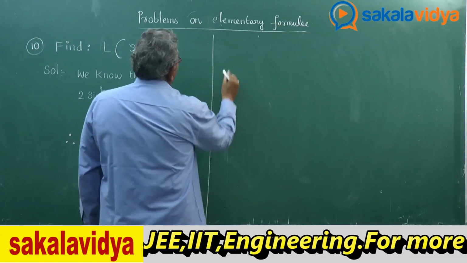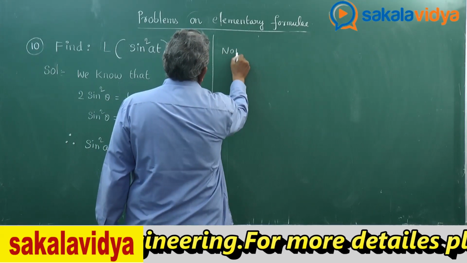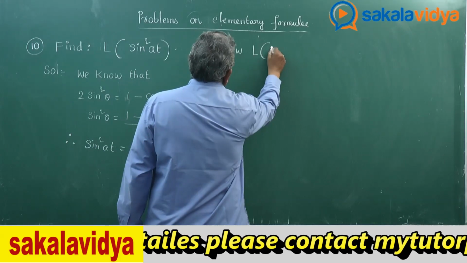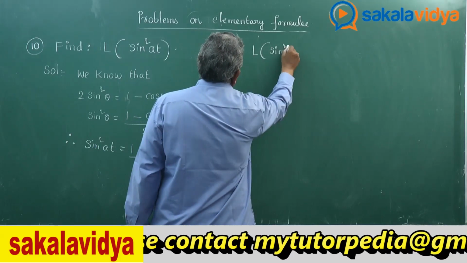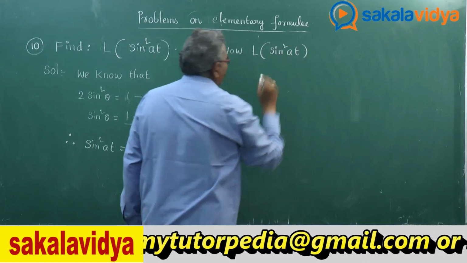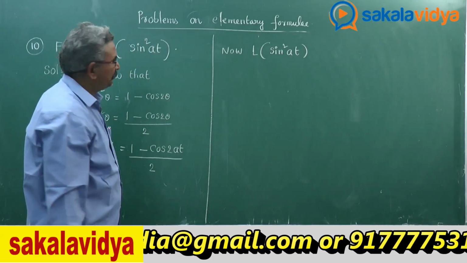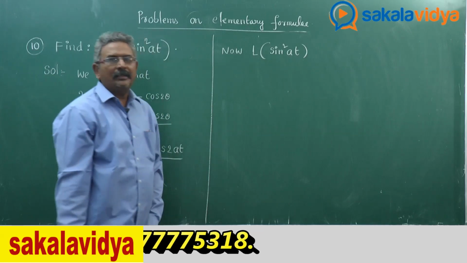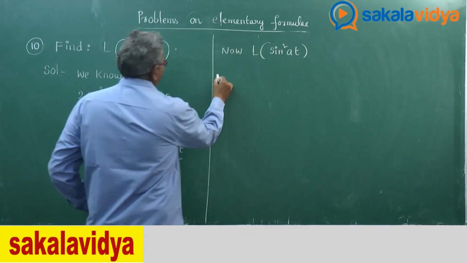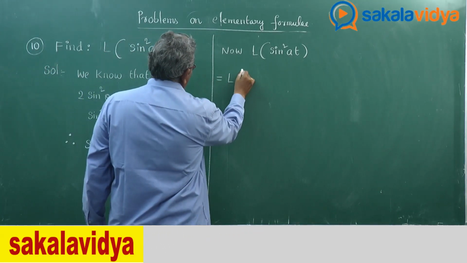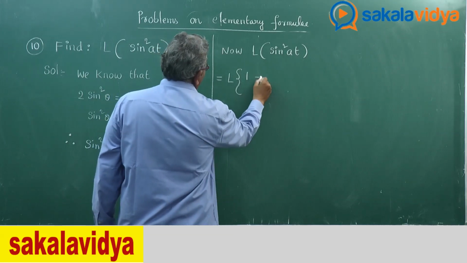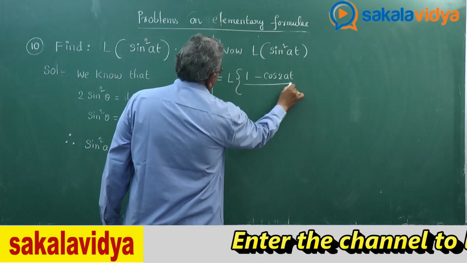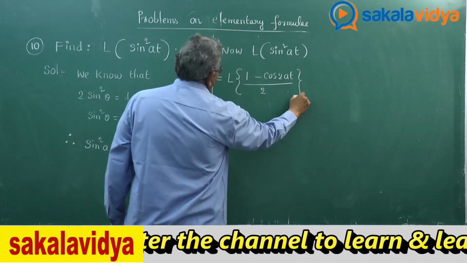Now the Laplace transform of sin square at can be written as the Laplace transform of 1 minus cos 2at by 2, without disturbing its identity.